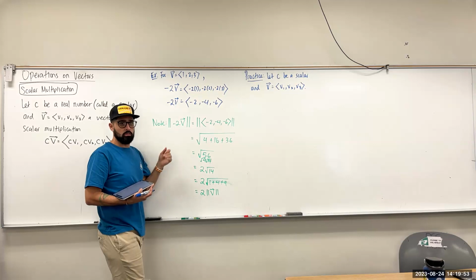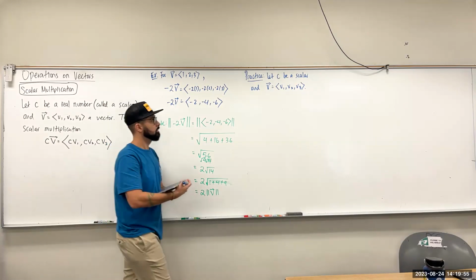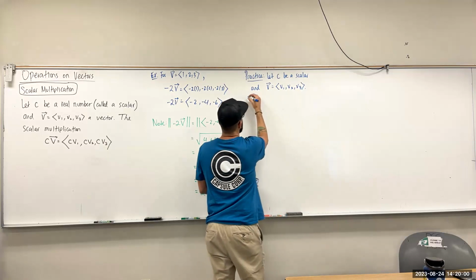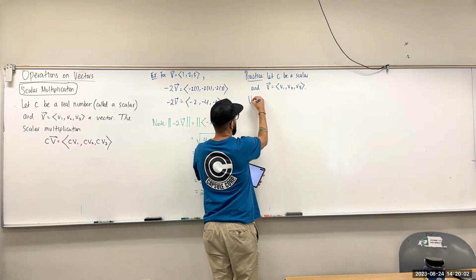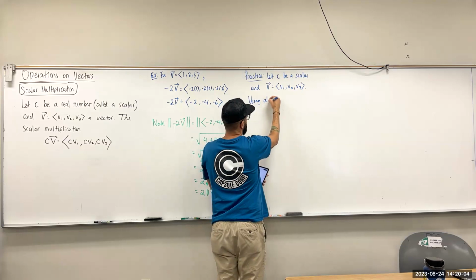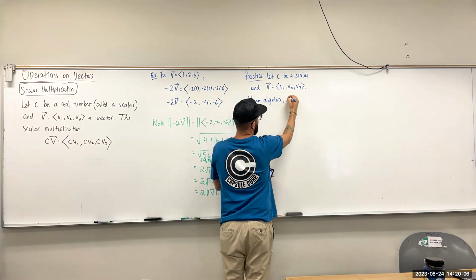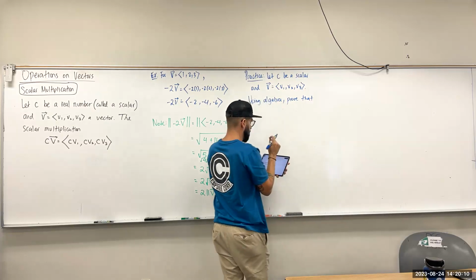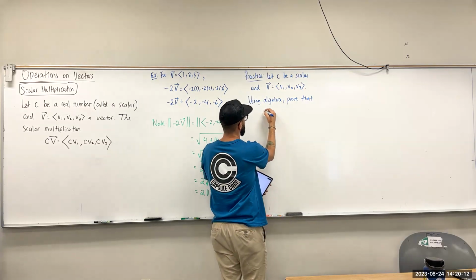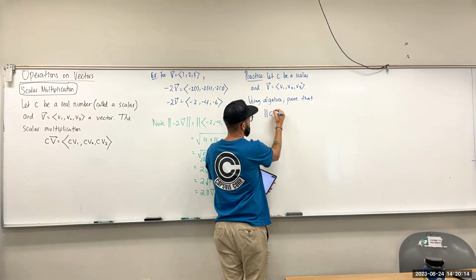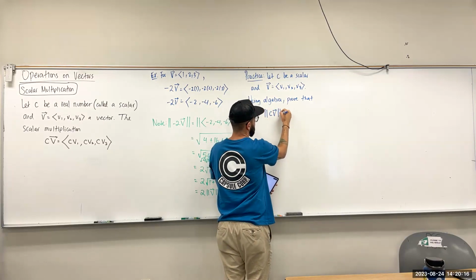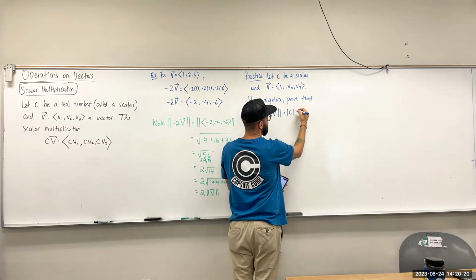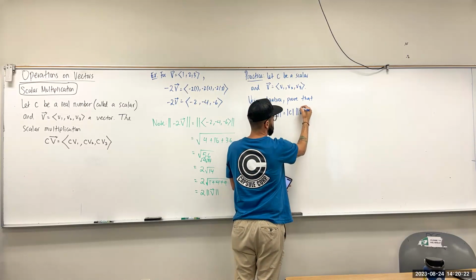Is it true in general? Will that always be true? So you have this. What I would like you guys to do is, using algebra, prove, similar to this process but a little bit more complicated, that the magnitude of the scalar multiple CV is really just the absolute value of C times the magnitude of the vector.